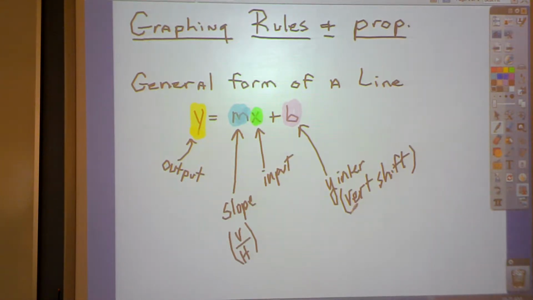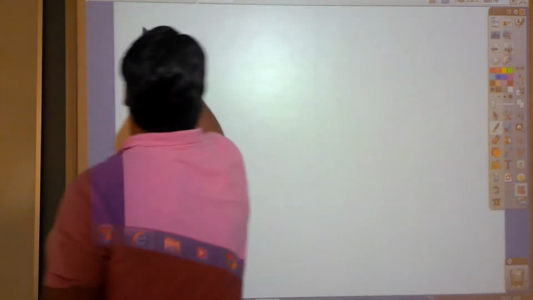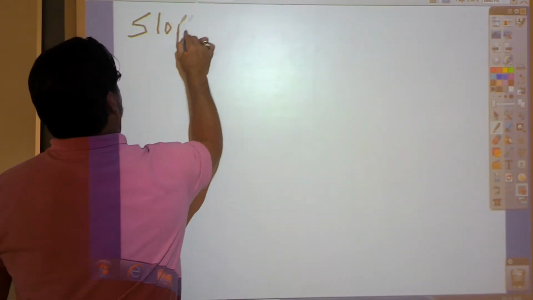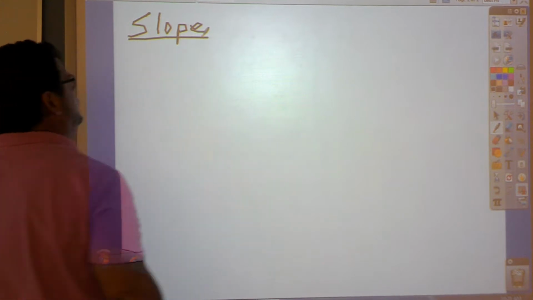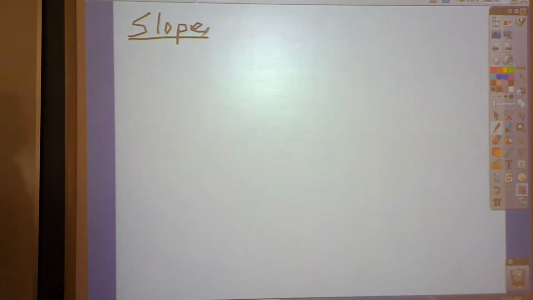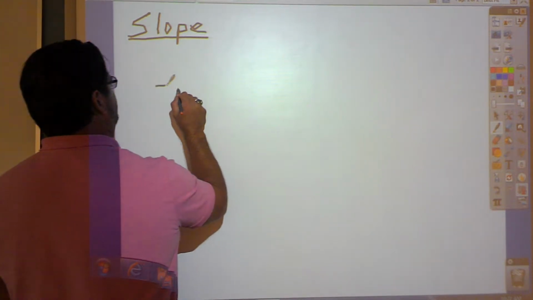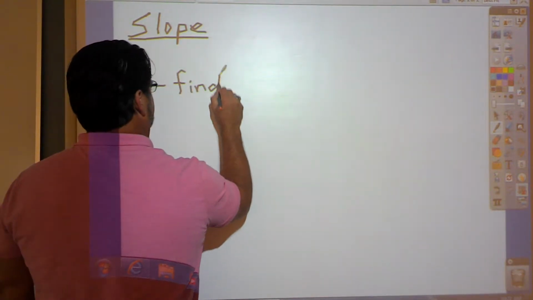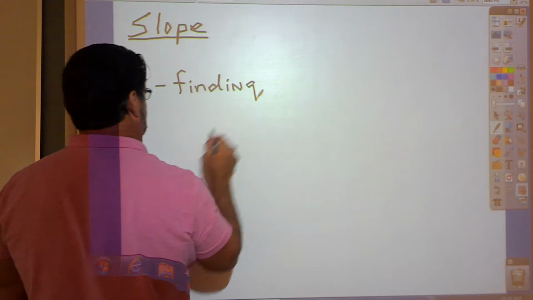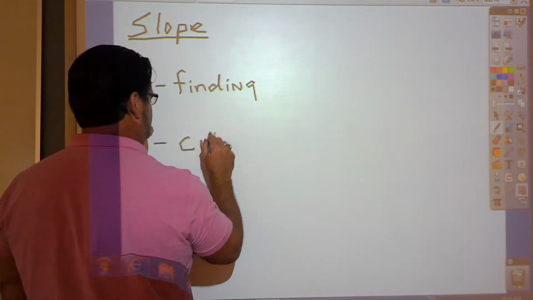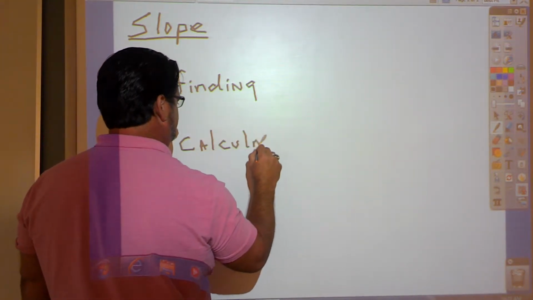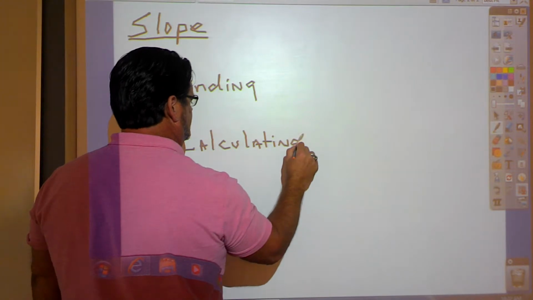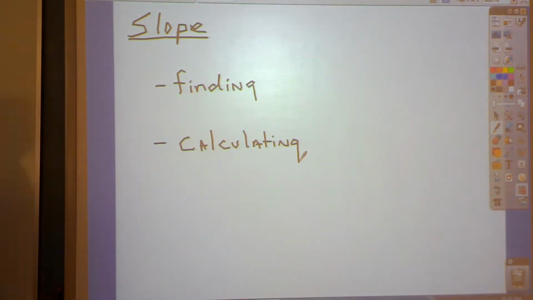So, let's talk about the slope. When we're talking about slope, usually you're talking about finding the slope, or you're talking about calculating the slope. Now, what's the difference between the two?